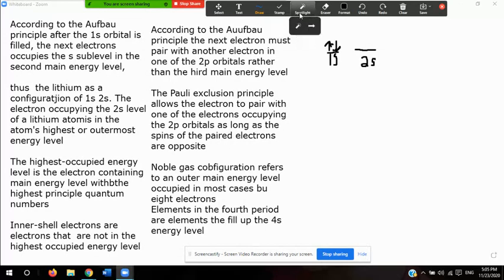And in a minute I'm going to illustrate some of the orders for this. It says, thus, lithium has a configuration of 1s2 and 2s1. The electron occupying the 2s level of the lithium atom is the atom's highest, outermost energy level.